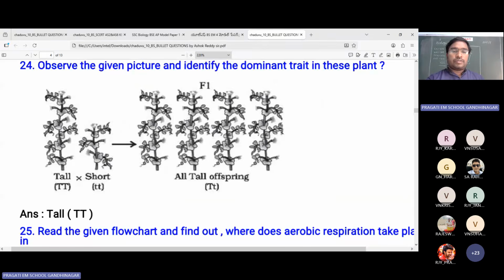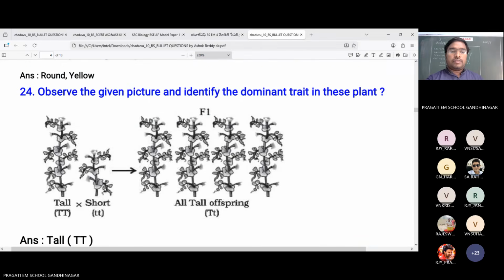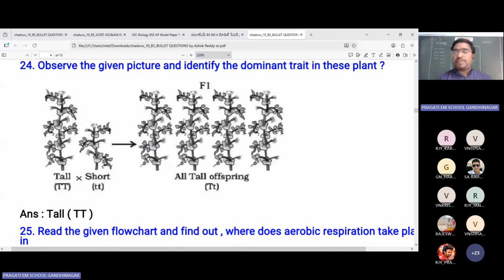Look at this question. Observe the given picture and identify the dominant trait in these plants. Again, dominant. This is a monohybrid cross example. In a monohybrid cross, a tall plant is fertilized with a dwarf plant.